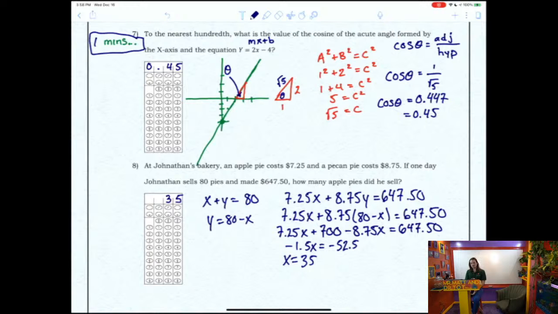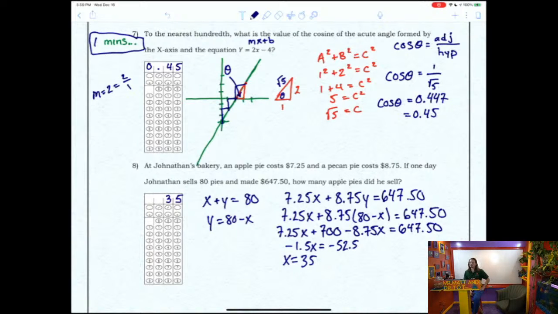So you can think of the slope, again, if m is equal to 2, you can think of that as a fraction as just 2 over 1. So that means up 2, right 1, because they're both positive. So starting at negative 4, we can go up 2, right 1, up 2, right 1, up 2, right 1, and we can plot out this line kind of growing in steps.